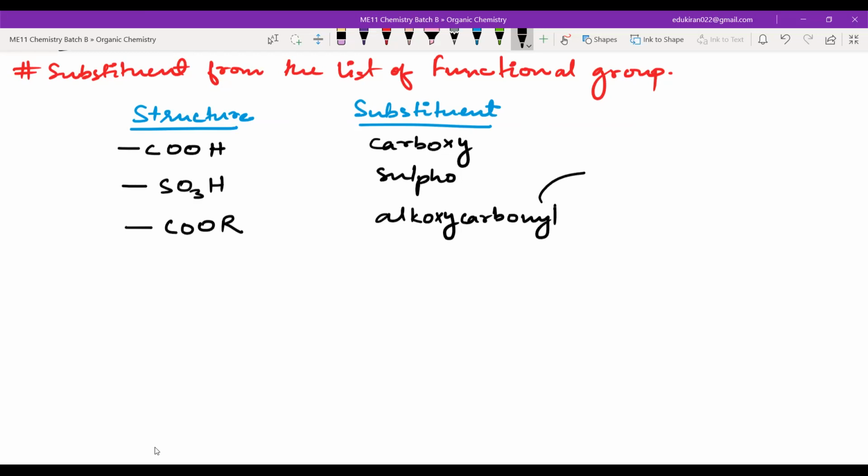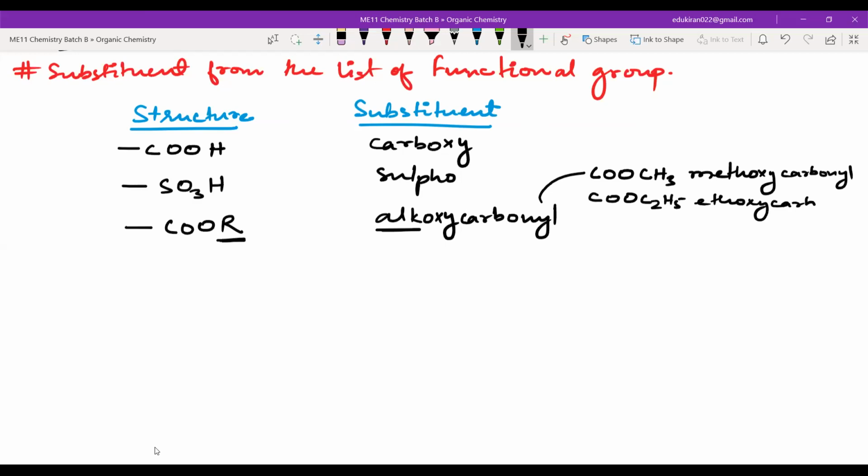Now for this, let me give you some examples. If COOCH3 is present, then rather than alkoxy, it will be methoxycarbonyl. This is for the alkyl which is present here. That is methyl here, that is why this will be methoxycarbonyl. Similarly, you can have COOC2H5. This will be ethoxycarbonyl.